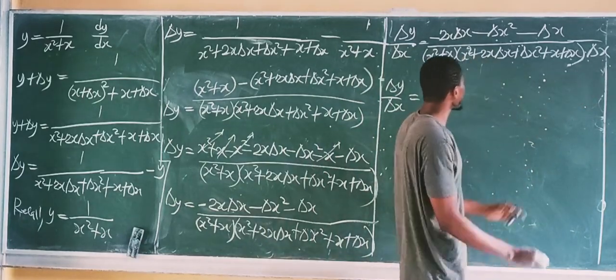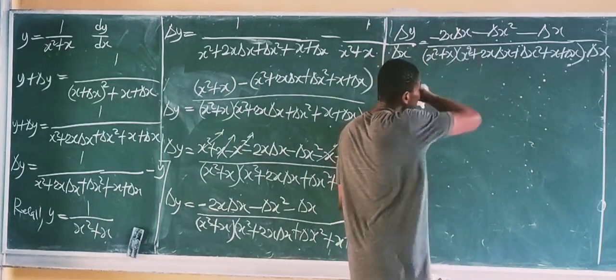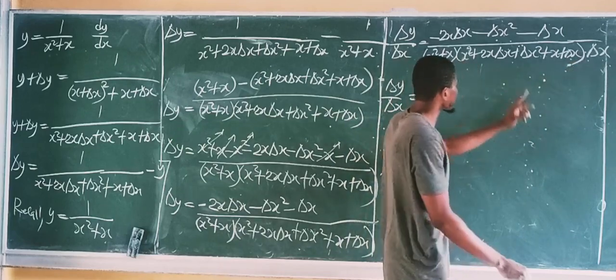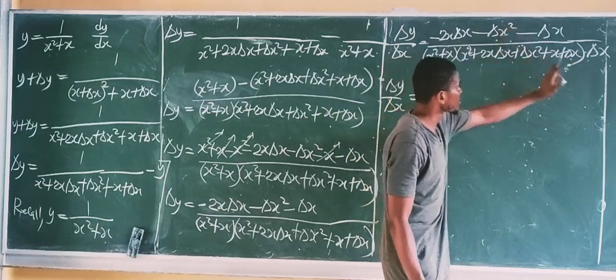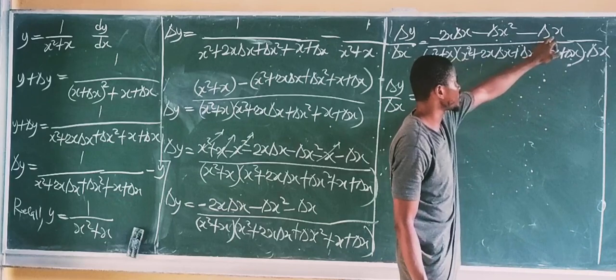So take note, change in y over change in x is now equal to, take note, this change in x will cancel this change in x, this change in x will also cancel one of this change in x, this change in x will also cancel one of this change in x.